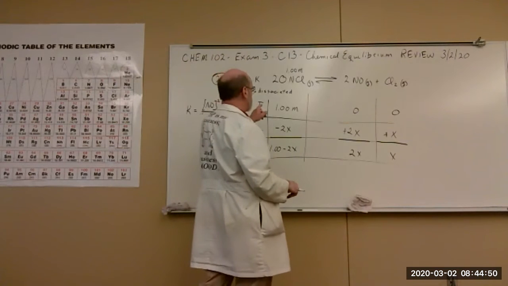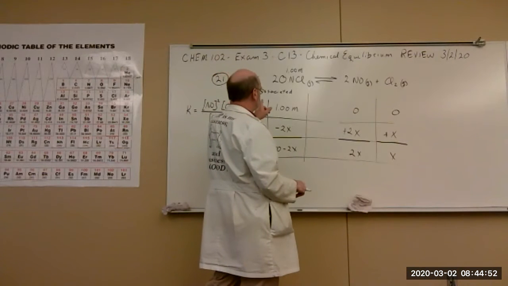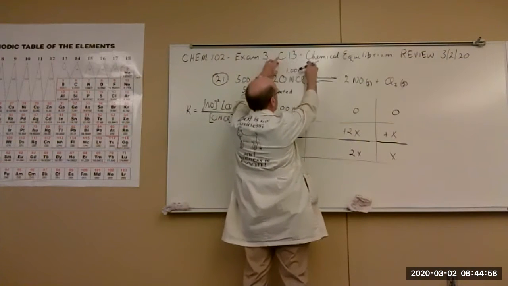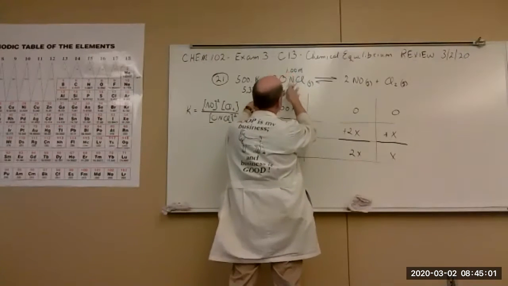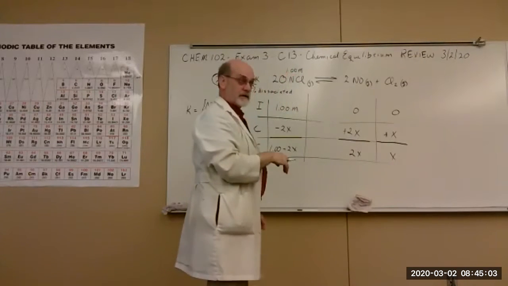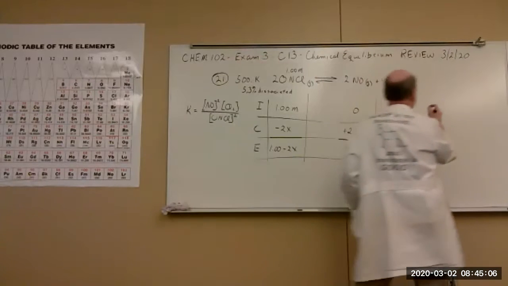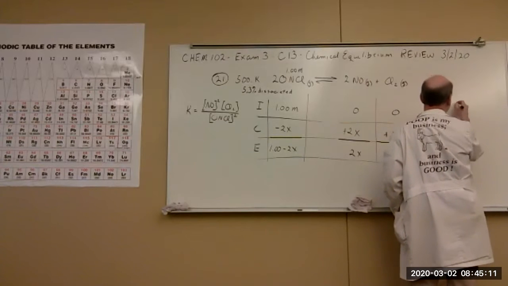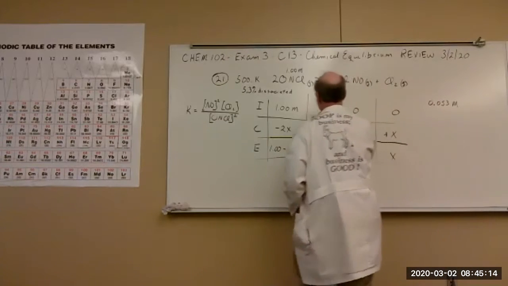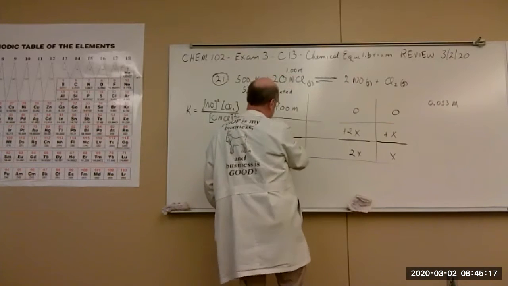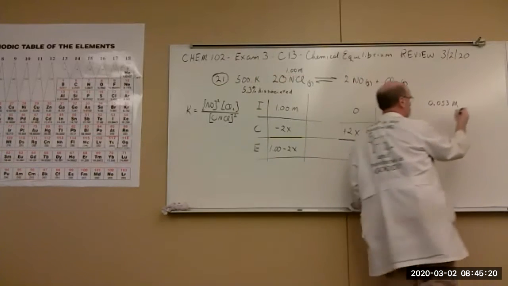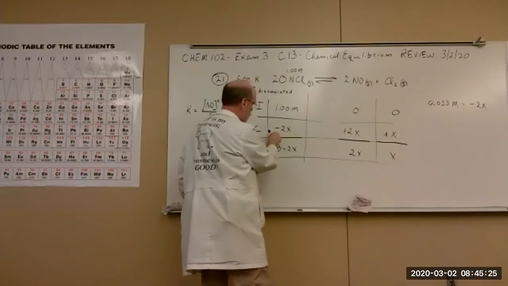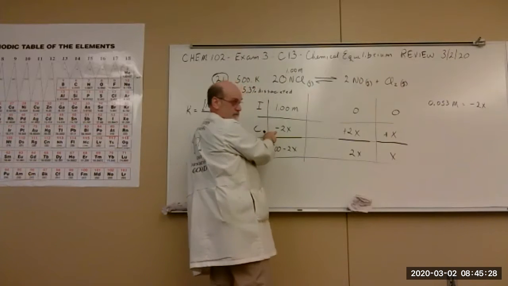So that means that 5.3% of 1 molar is lost from this side, right? Okay, so 0.053 times 1 is that many molar that's lost from this side, and that's equal to our loss here, which is minus 2x. That's how much was lost, that much. Okay?